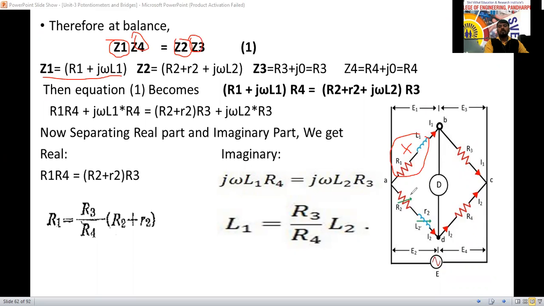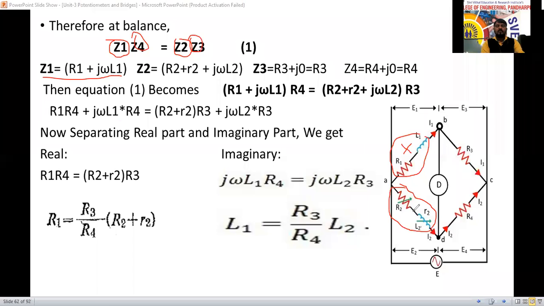Next, Z2 equal to, can anyone tell? Don't look upside here, see this diagram only and tell the answer. Z2 equal to R2 plus r2 plus j omega L2.